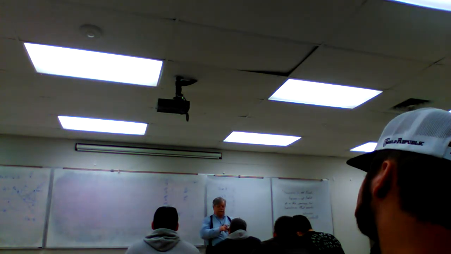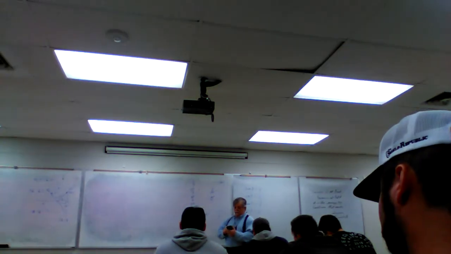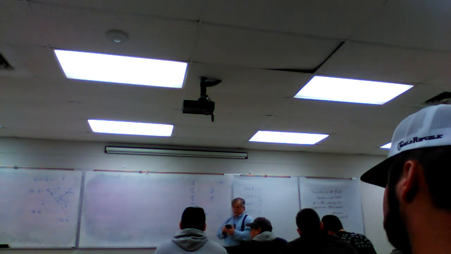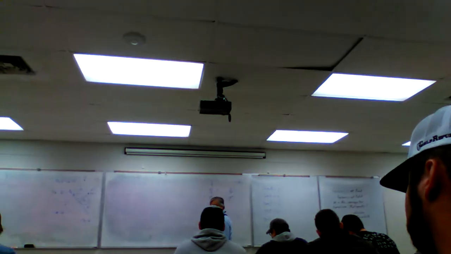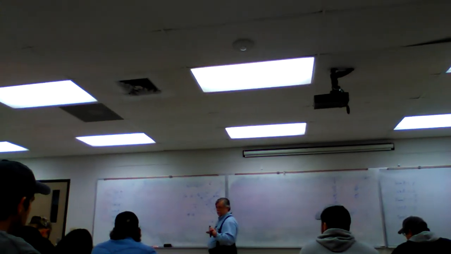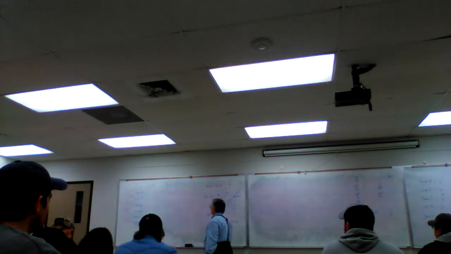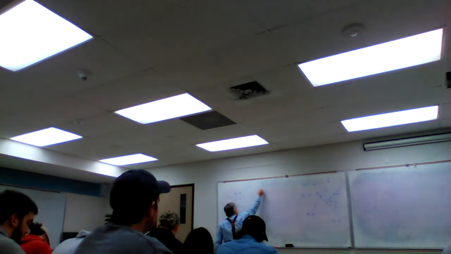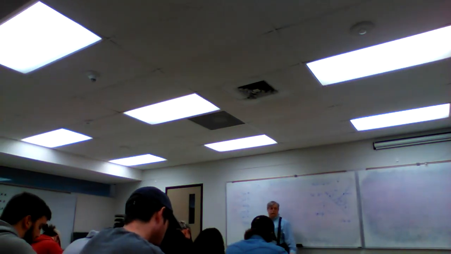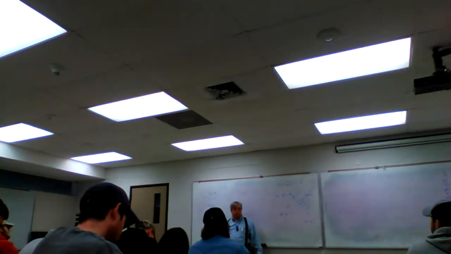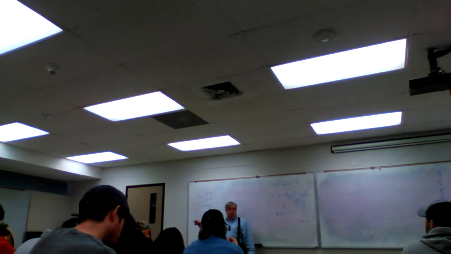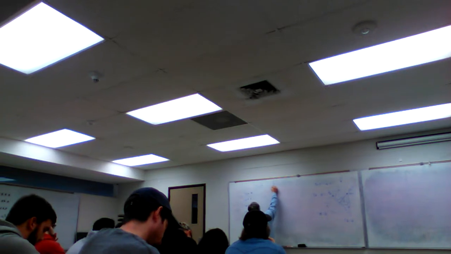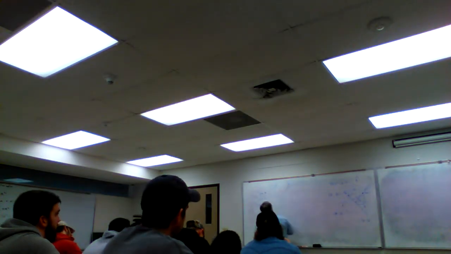You multiply by 180 and then divide by pi. And what does it give you? It should give you exactly 30. Pi over 6 is 30 degrees. If you do the same thing for pi over 3, you're going to get twice that, so you end up with 60 degrees.